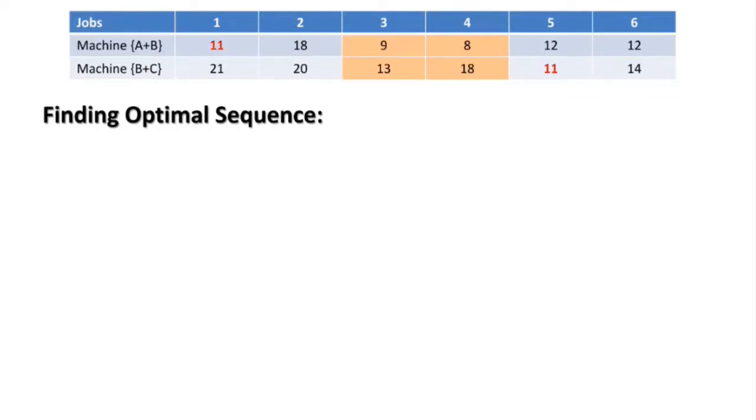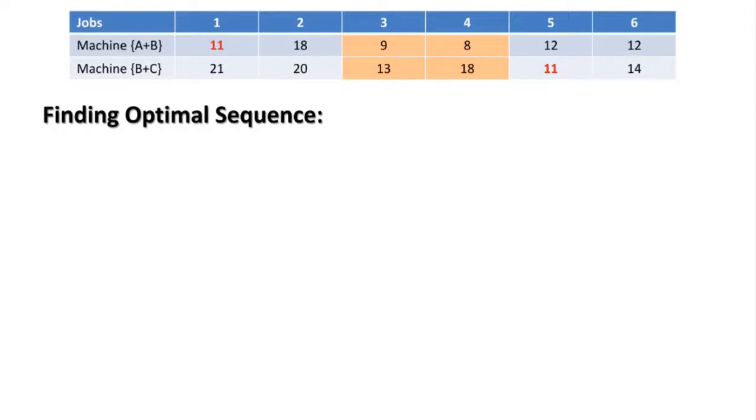Then later on those 2 columns will be eliminated, and then 11 will be the next minimum value. So here 11 is minimum for both job 1 and job 5. Here job 1's 11 belongs to machine A plus B, and job 5's 11 belongs to B plus C. So that will be assigned accordingly.